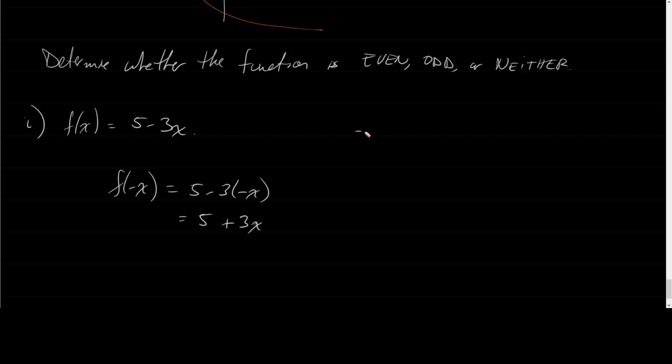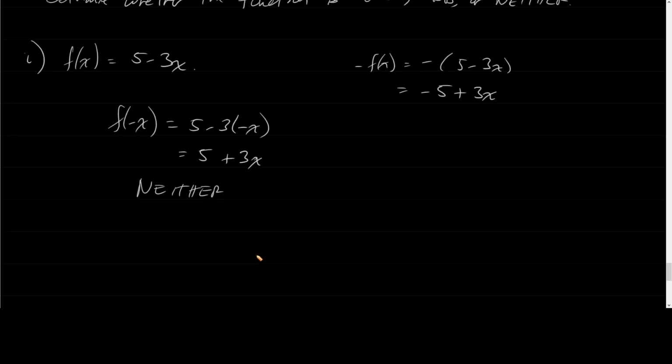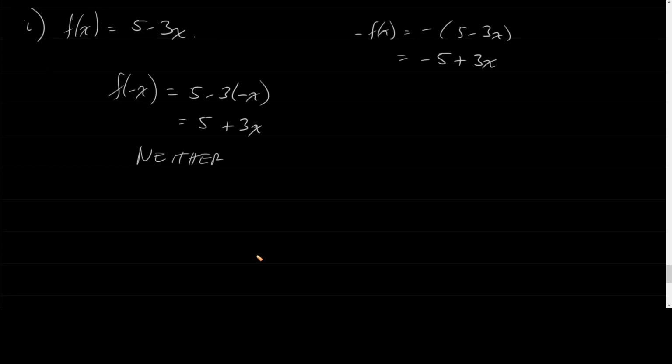How come? Negative f of x would be the negative of 5 minus 3x, which would be negative 5 plus 3x, which is not what we have here. So this is neither even nor odd, because it's not the original function or the negative of it.